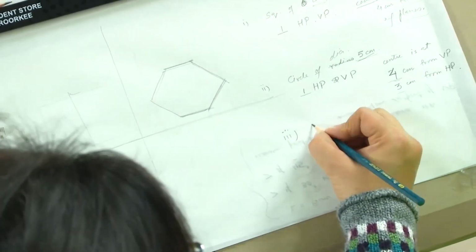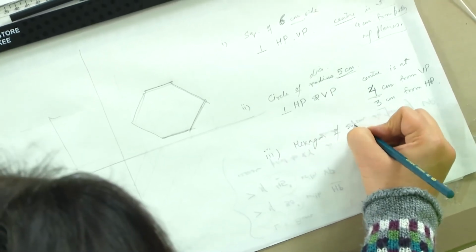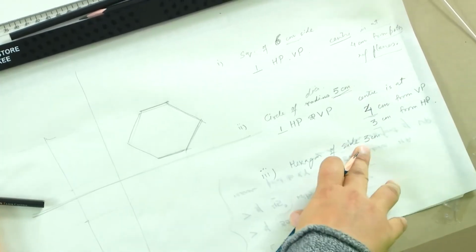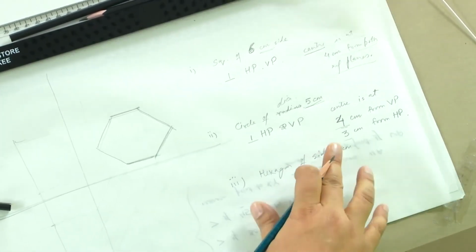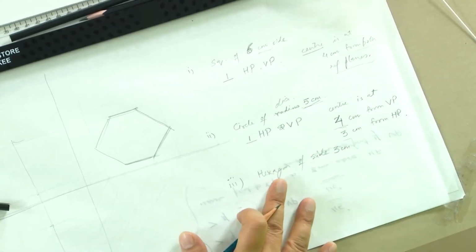So, we have a hexagon of side 3 centimeter. Now, how do you draw a hexagon of side 3 centimeter? You have to know that first. So, that is where we learnt about the basic construction.